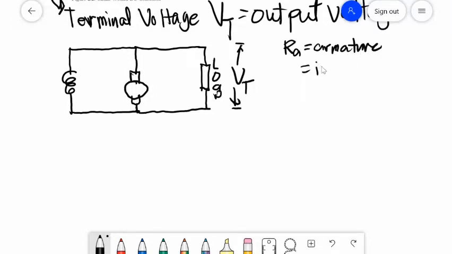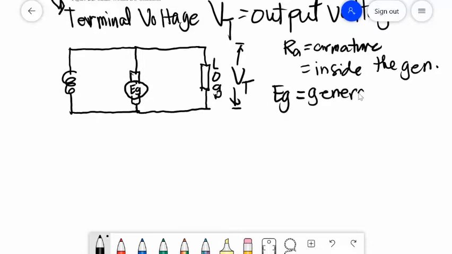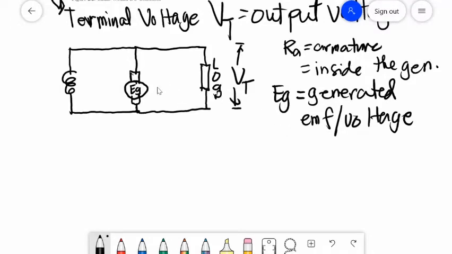Inside the generator, this is EG. EG is the generated EMF or voltage of the generator.